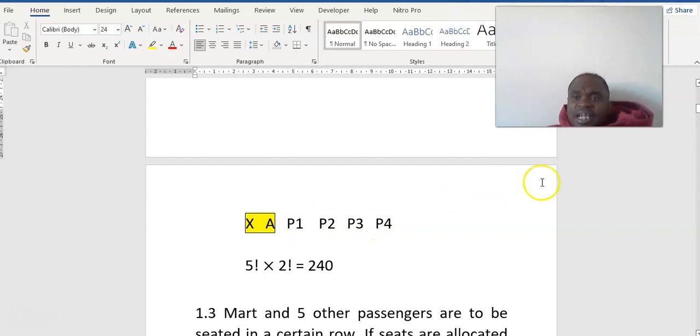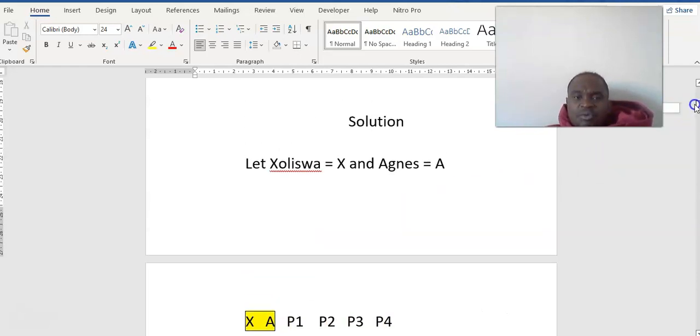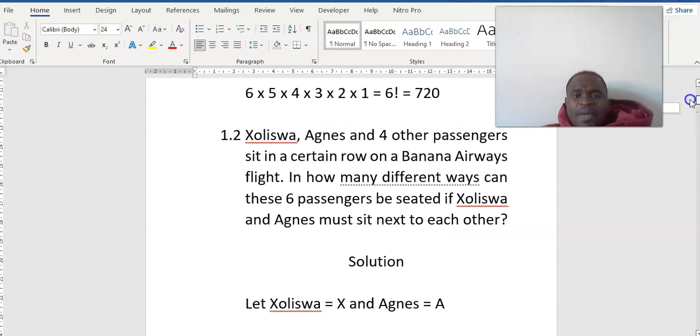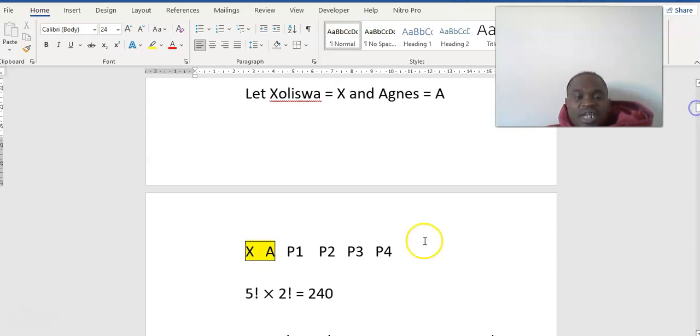Now the question says, in how many different possible ways can these 6 passengers be seated if Koliswa and Agnes must sit next to each other? We consider them as one block, because they must sit together.